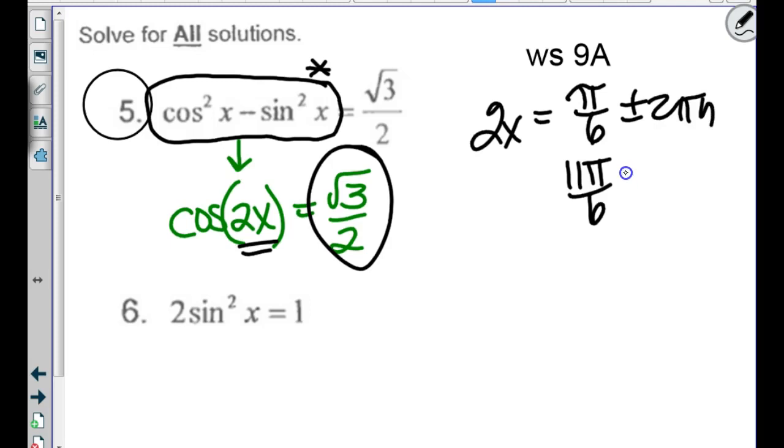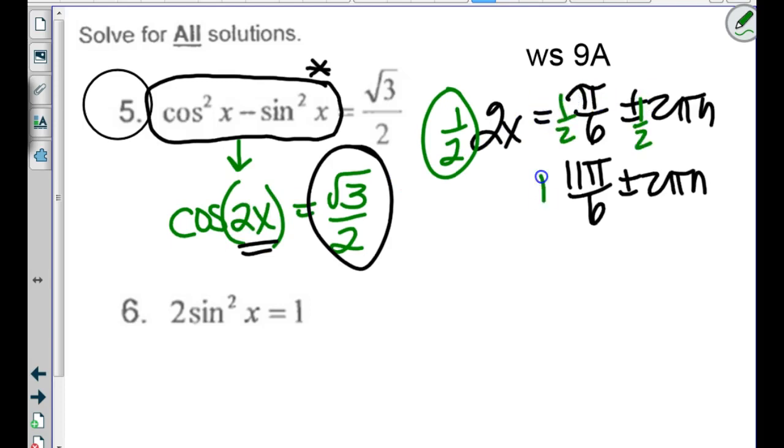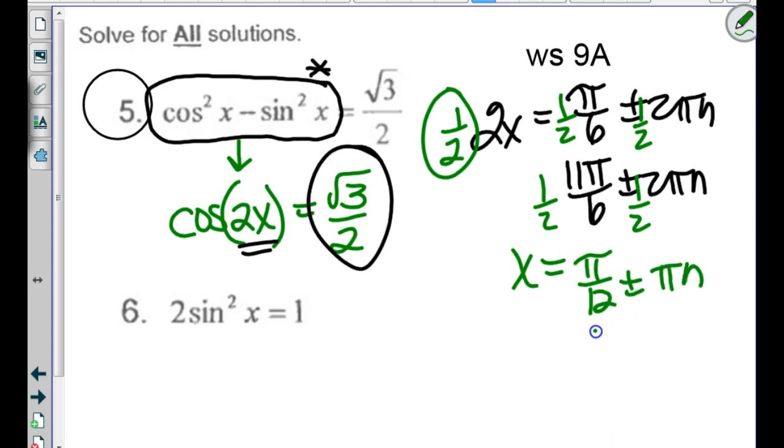Then what? Yes, we changed. Anytime you're using a double angle in there, you got to multiply by half or divide by 2. So we'd have x equals pi over 12 plus or minus pi n and 11 pi over 12 plus or minus pi n.